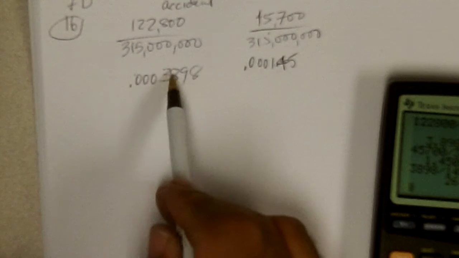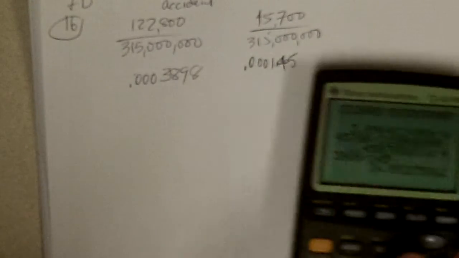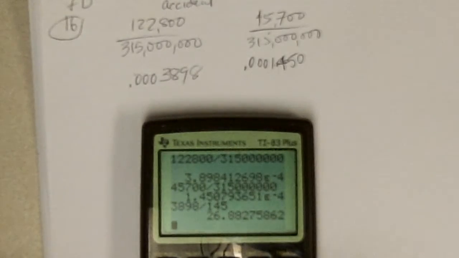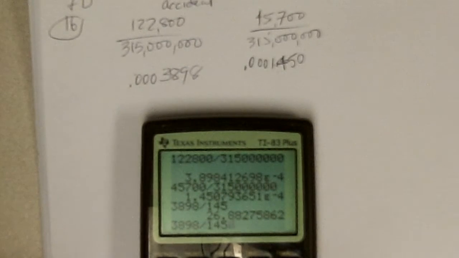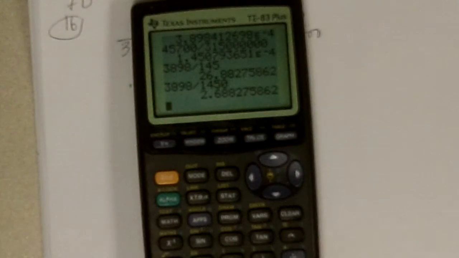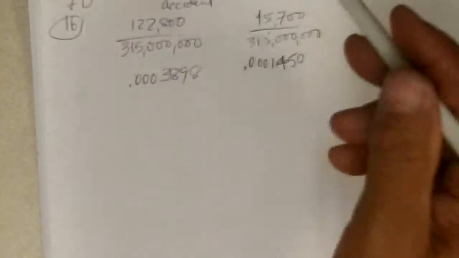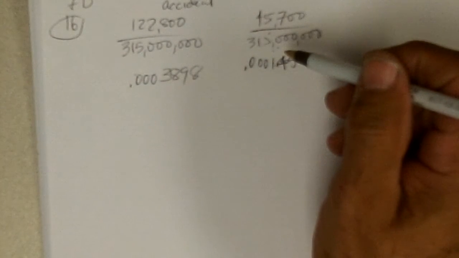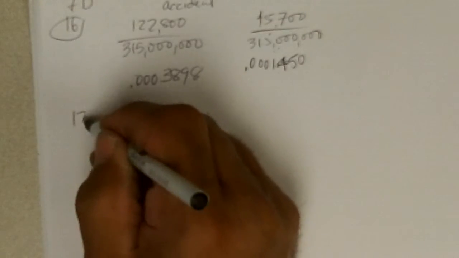I need to do one more zero. 1, 4, 5, 0. Do it again. Put a 0 on there, and it's 2.5 times more likely to die from an accident than from kidney disease. Wasn't that what it was? Yes. Okay. So that's 16.